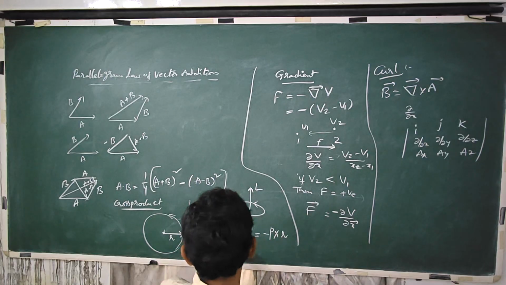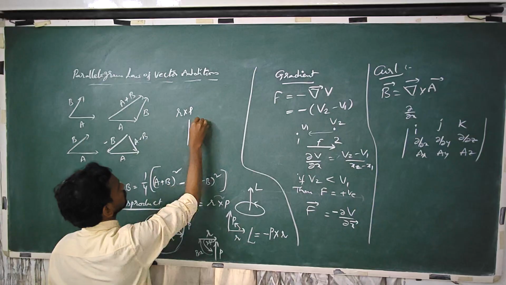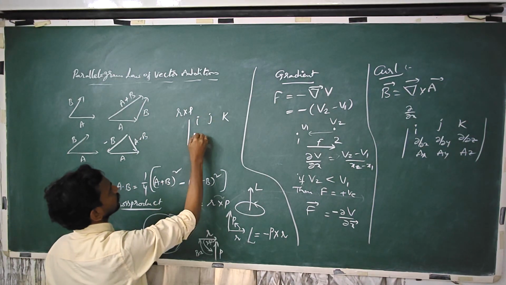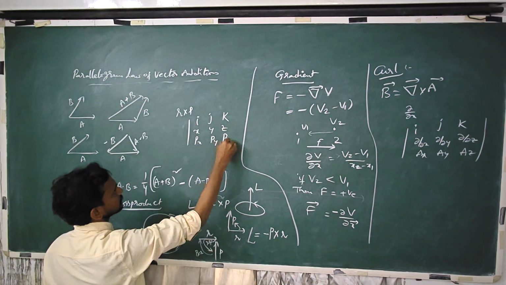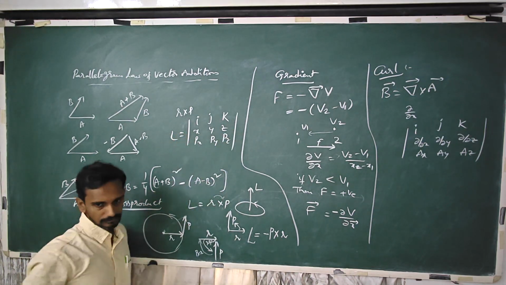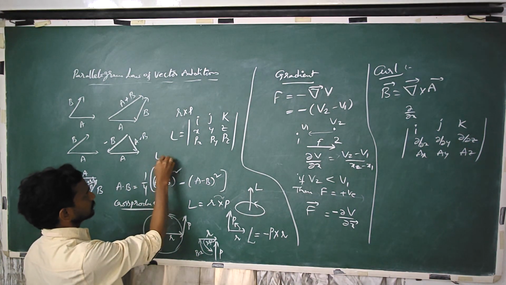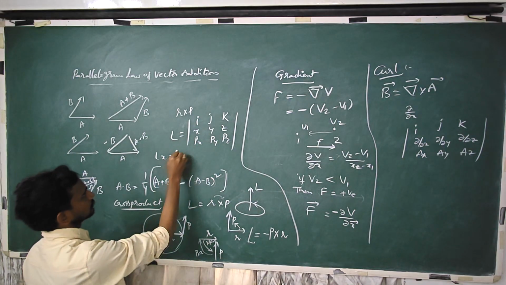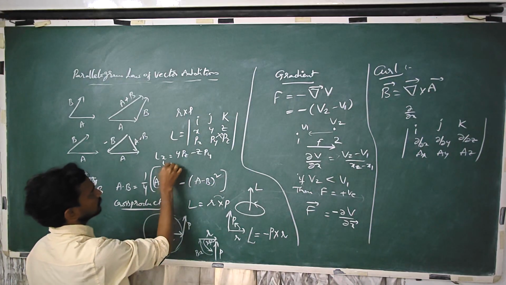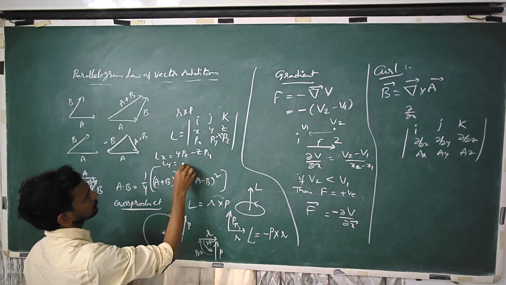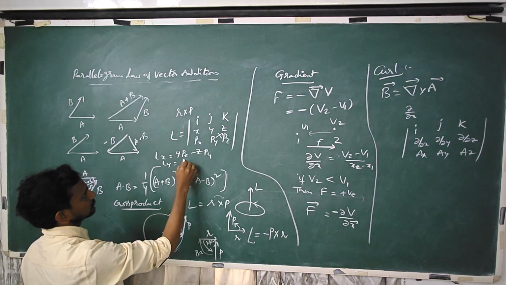Here also, let's say if you want to calculate the cross product of r cross p, what are you doing? So i, j, k, x, y and z, px, py and pz. This is L. So your Lx is ypz minus zpy, cross product of these two. Ly is zpx.